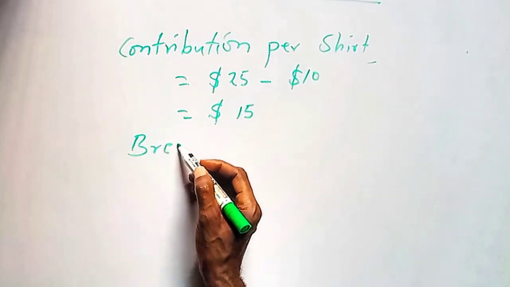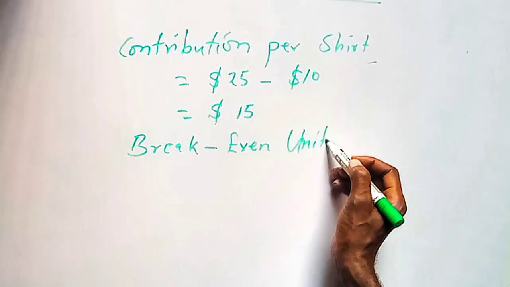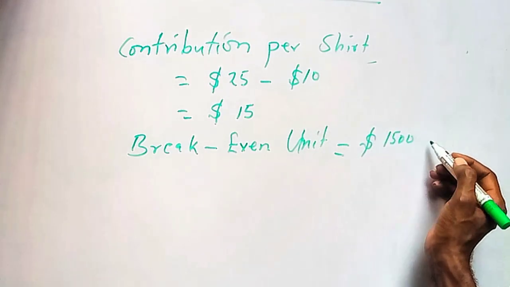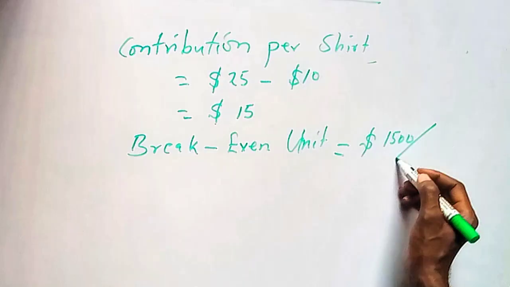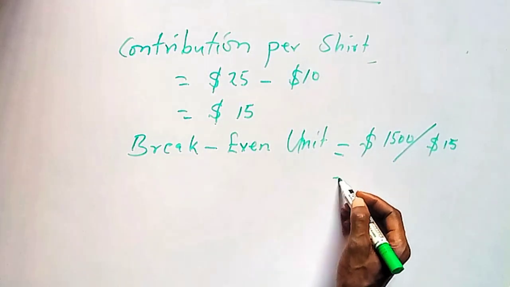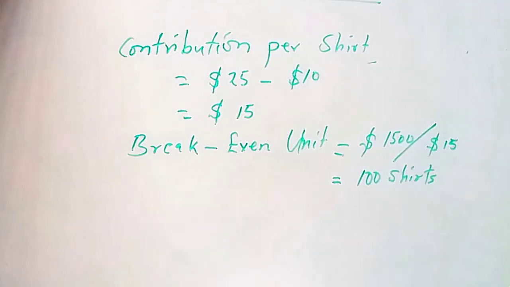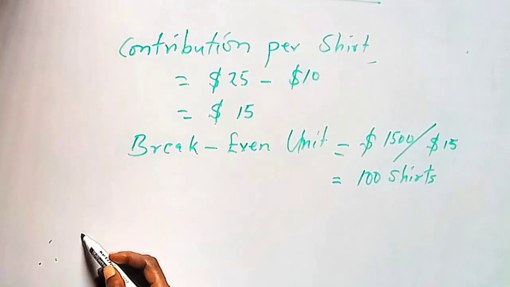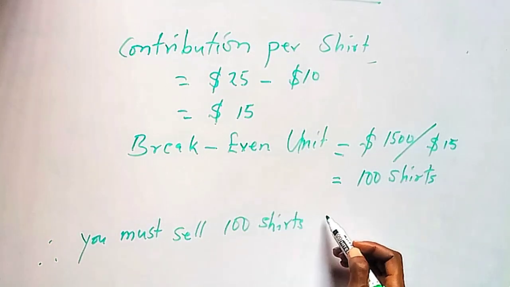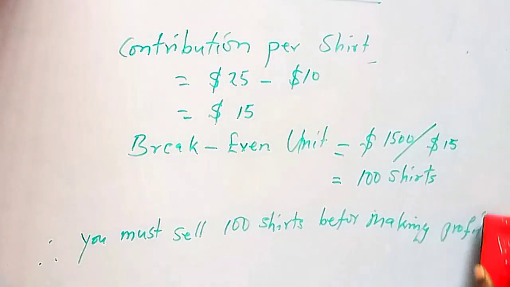Break even units equal to $1,500 over $15, which is equal to 100 shirts, giving you 100 shirts. So you must sell 100 shirts before making any profits.